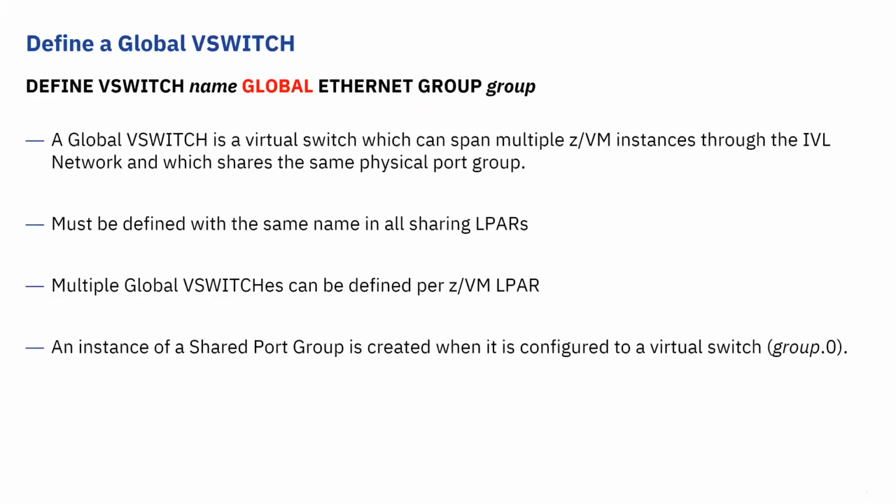When you define the vSwitch, what you do is you're adding the global attribute. It means that the vSwitch is named the same in all the LPARs. And what will happen is every time this gets done, an instance of the shared port group is created when it's configured to the virtual switch. So each of the systems will have an instance of the port group.